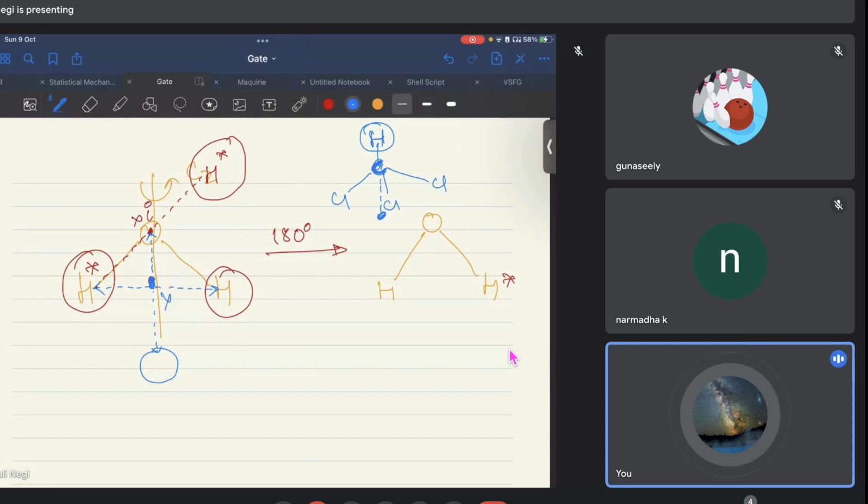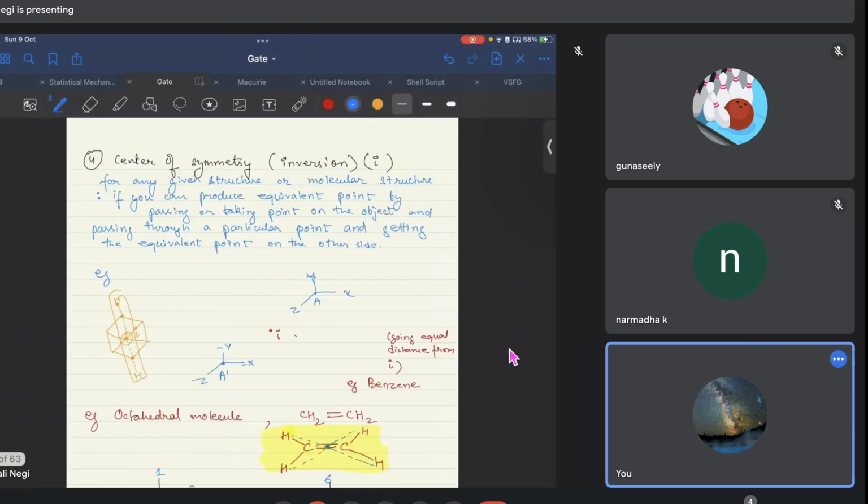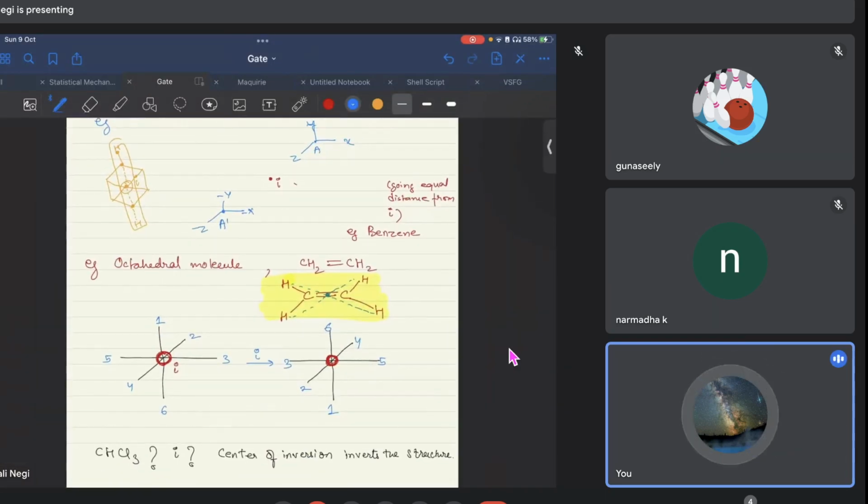For example, if 1 and 6 are hydrogen and oxygen, there will be no center of inversion. But if it is hydrogen and hydrogen, then 1 and 6 can do reflection around this particular point, and hence it will be a center of inversion. But the condition was that 4 and 2 should be equal, and 5 and 3 should be equal.